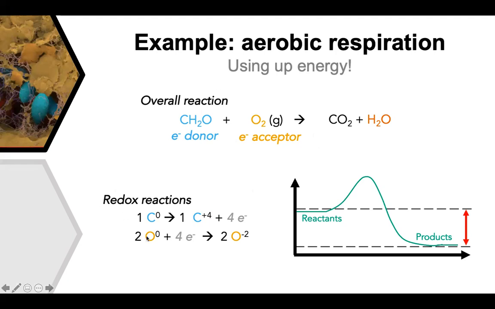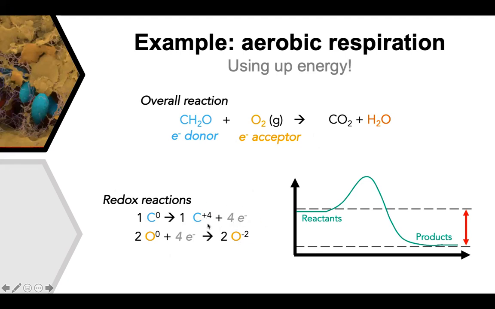This reaction is built up of two half reactions. The first half reaction is carbon in its zero oxidation state, which leads to carbon in a +4 state, and that means it's giving up 4 electrons.